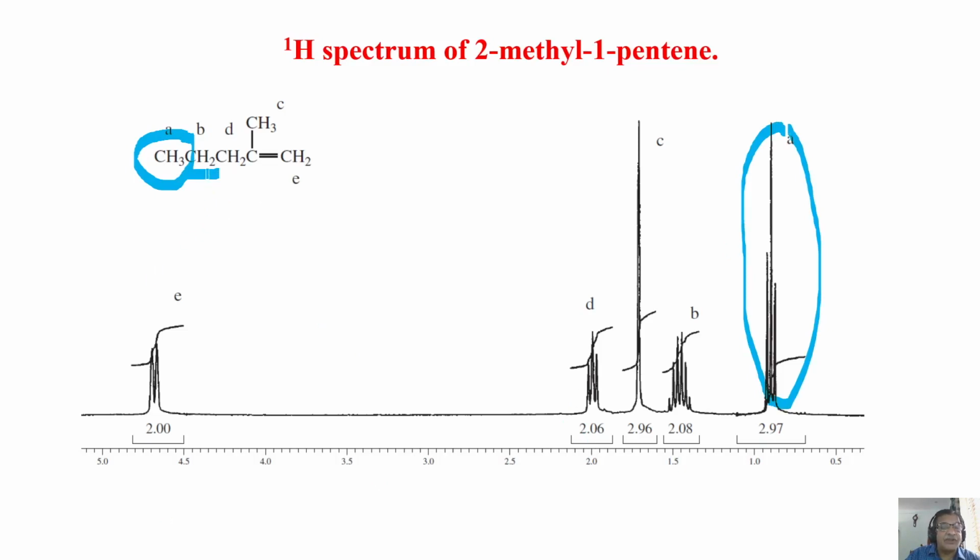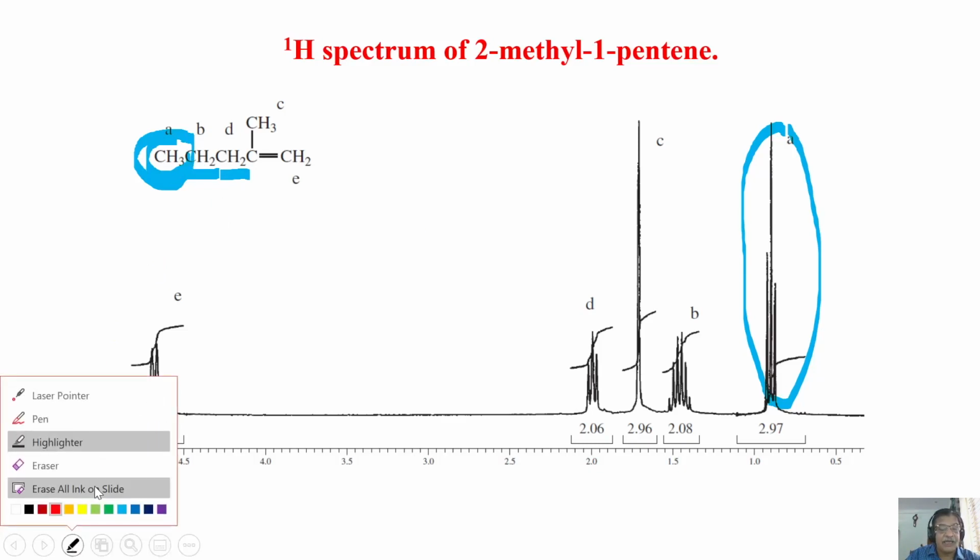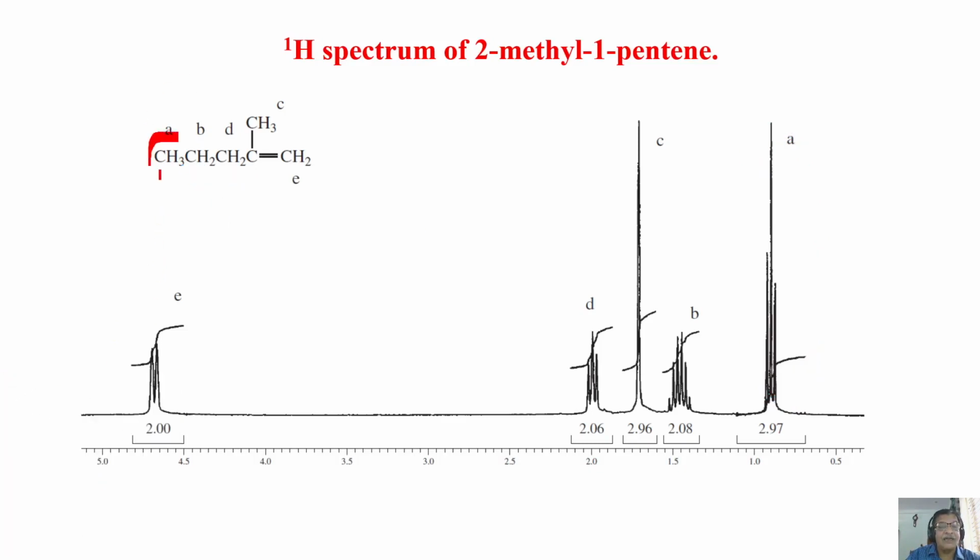Then what about this CH2? It is coupled to CH3 and also CH2. So what will happen now? As a consequence, this CH2 will be split into a quartet because of this CH3, and further it is going to be split into a triplet because of CH2.